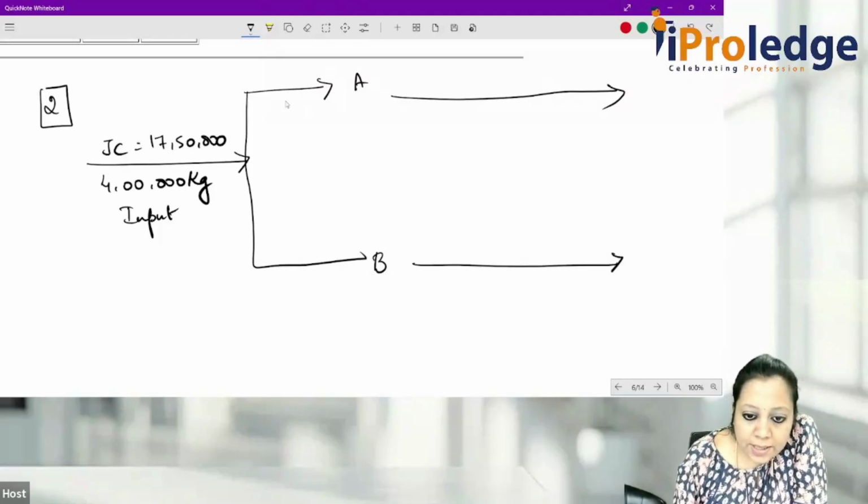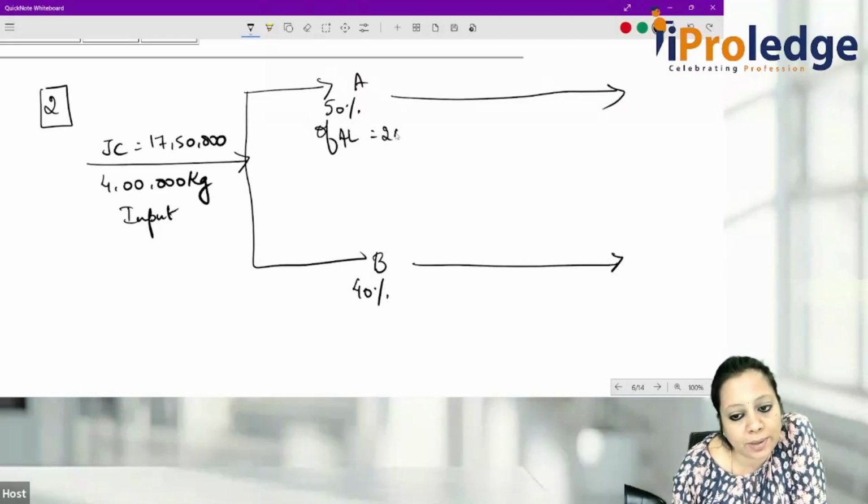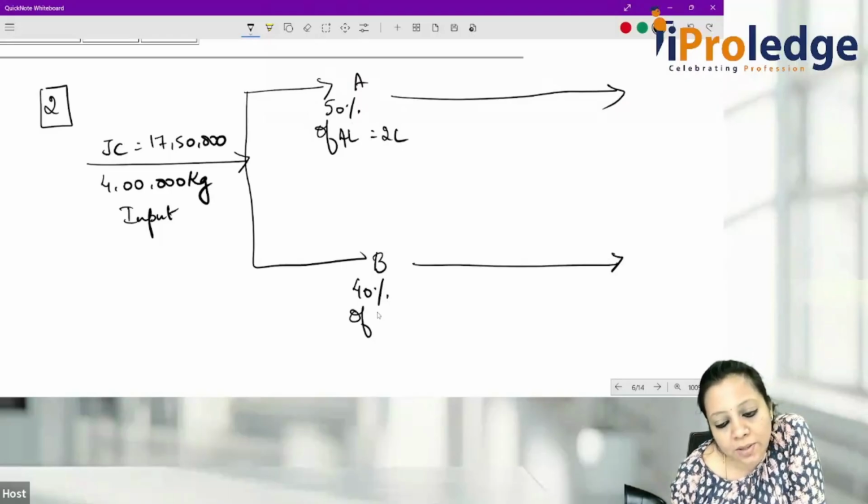So now this is 50%. This is 40%. 50% of 4 lakhs will be equal to 2 lakhs. 40% of 4 lakhs will be equal to 1 lakh 60,000.